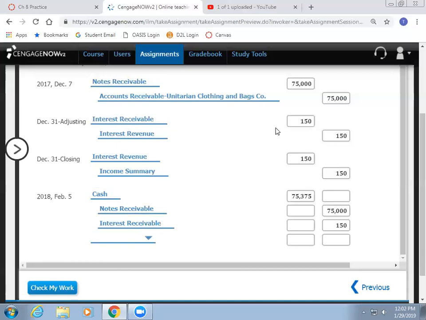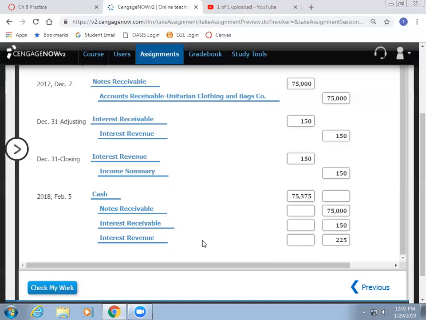Well, now they're giving me that 150, so I'm crediting it because they're paying it off. And then I'm going to credit interest revenue the remaining $225, the interest that has accrued from January 1 to February 5th, those 36 days.